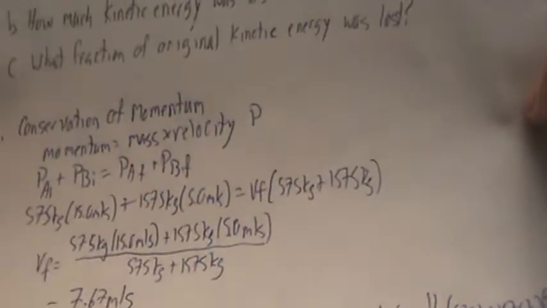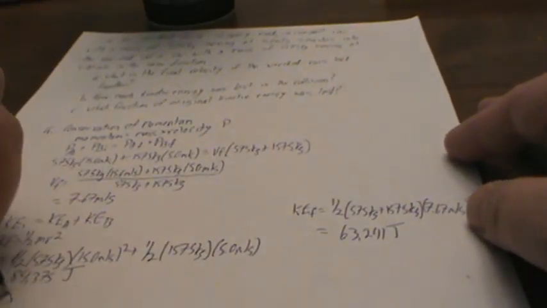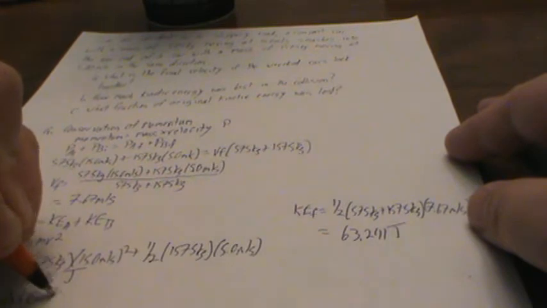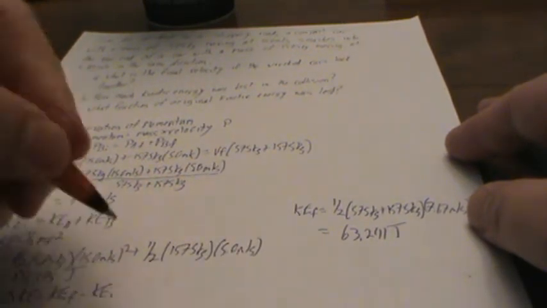Now with our two kinetic energies, we're going to find our change in kinetic energy. That would be taking our final kinetic energy minus our initial kinetic energy.